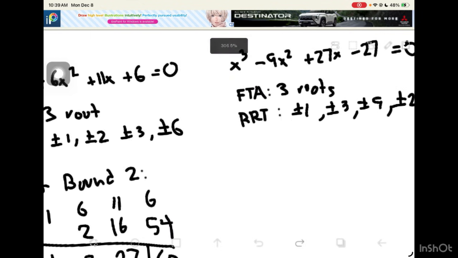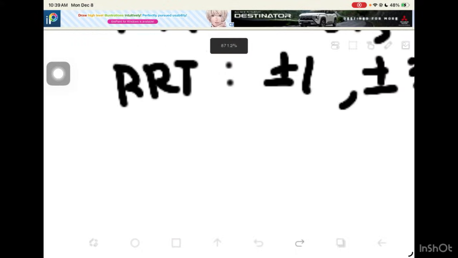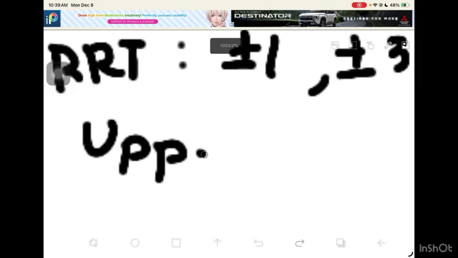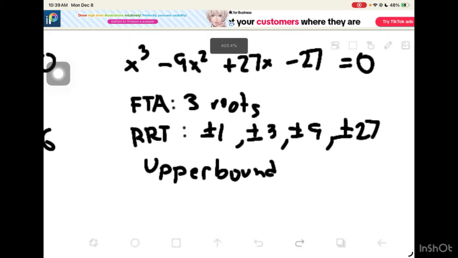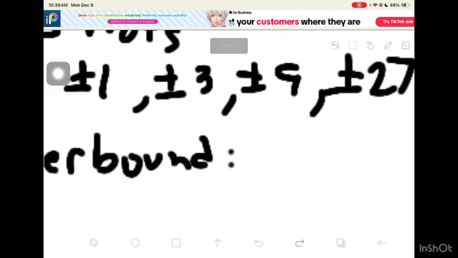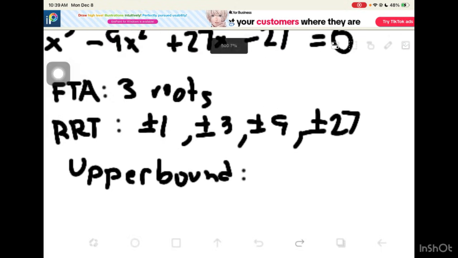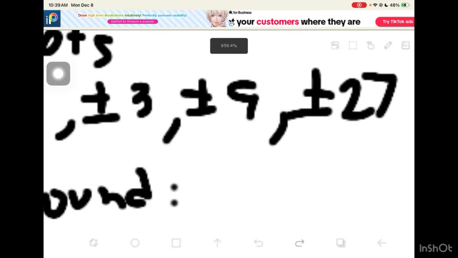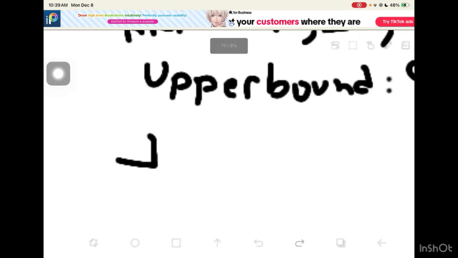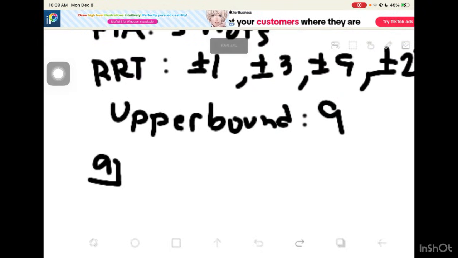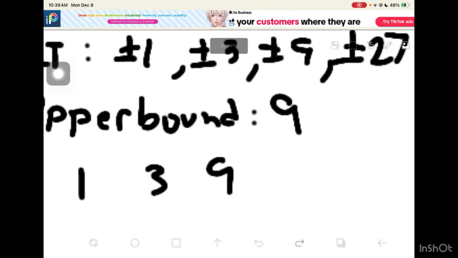So let's try to do an upper bound first. Let's say it's 9. Okay, so you put 9 here.